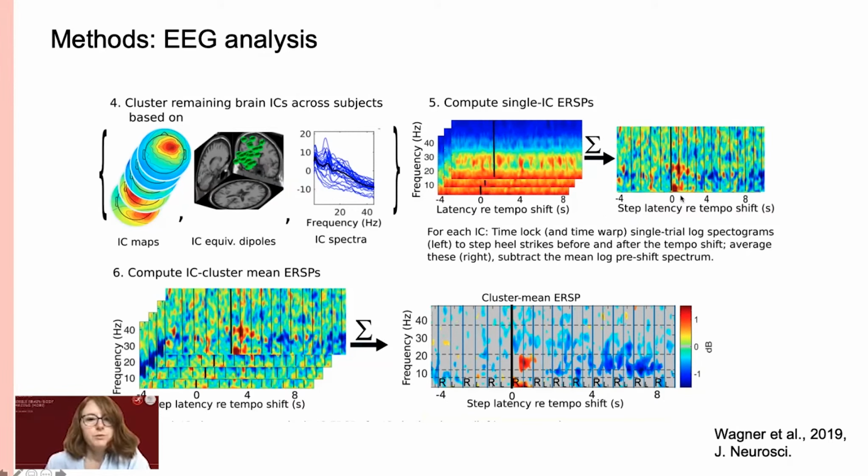We did this for the 4 heel strikes and the 10 heel strikes following each tempo change. And to look at relative changes in power, we subtracted the pre-shift average log spectrum, so the spectrum before the actual tempo change. Significant changes to baseline were computed using a bootstrapping method.